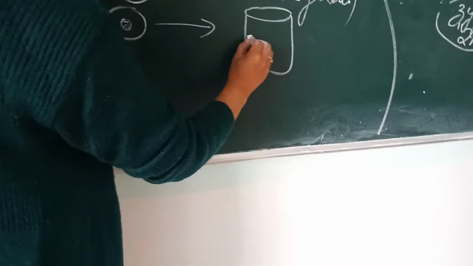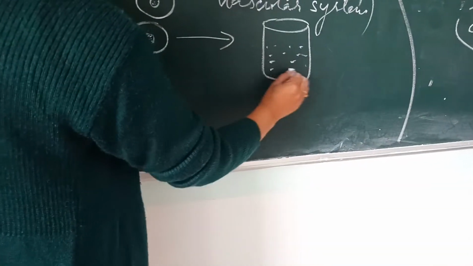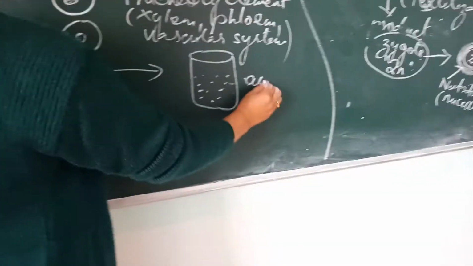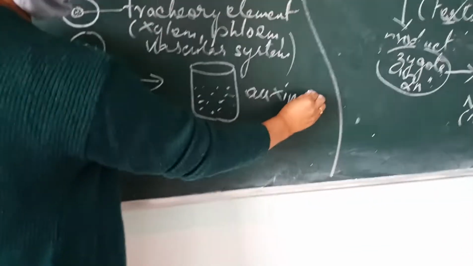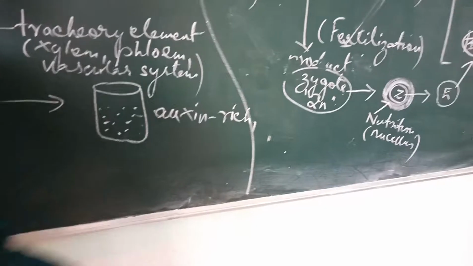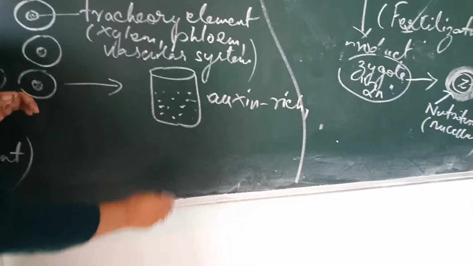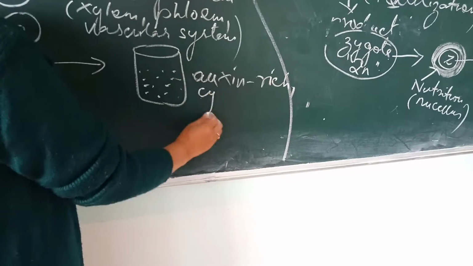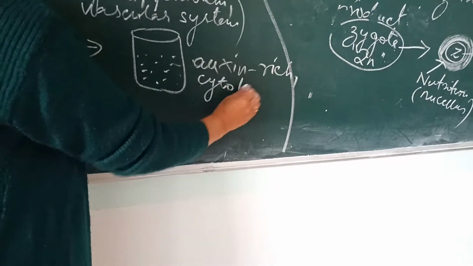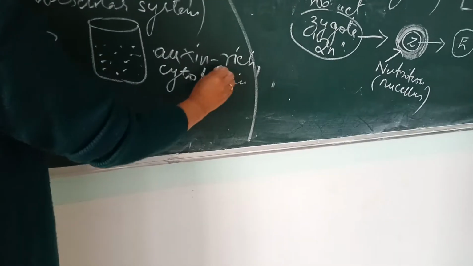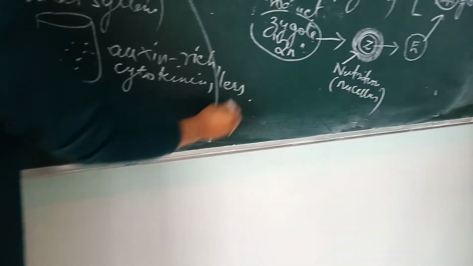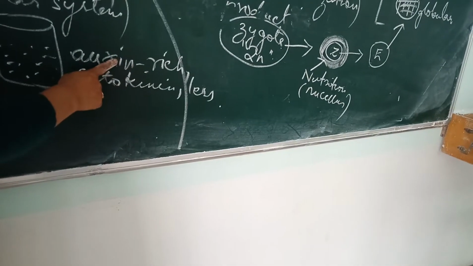He prepared a media, and this media is auxin rich. It contains a high amount of auxin, little cytokinin, less of cytokinin, more of auxin.